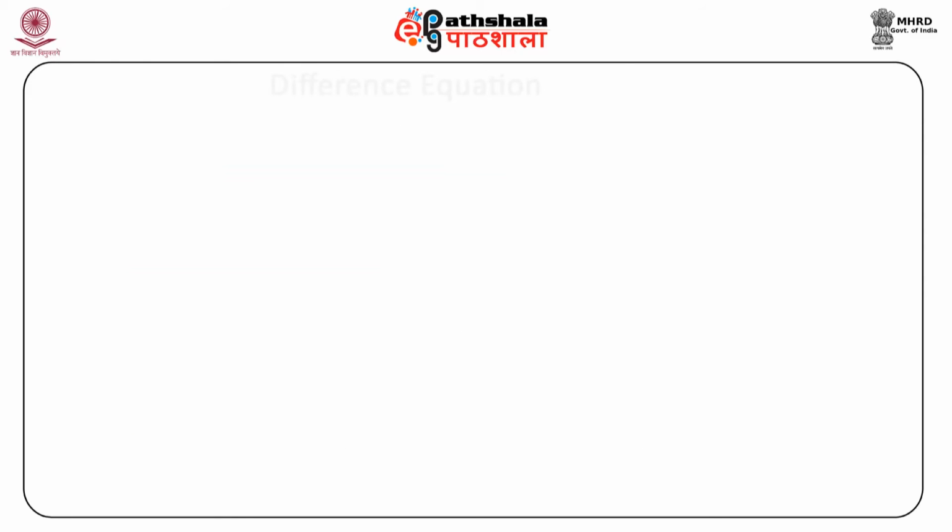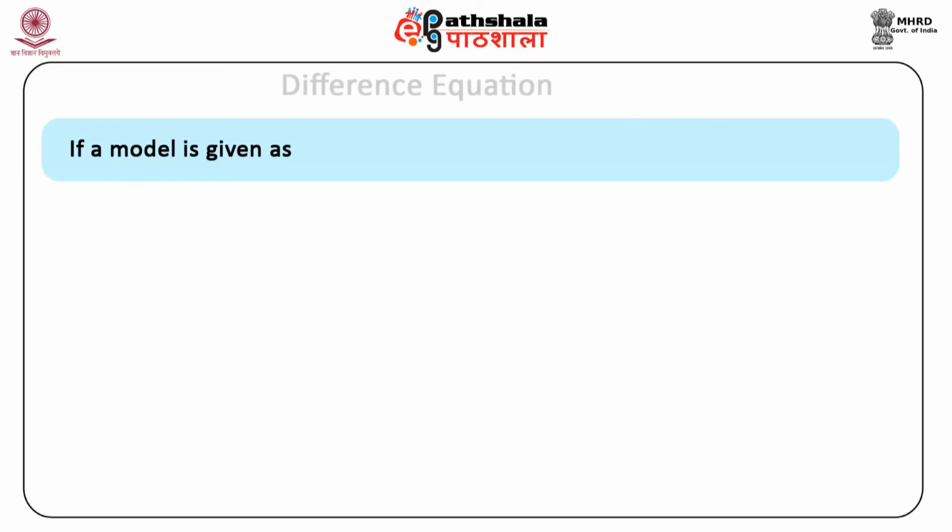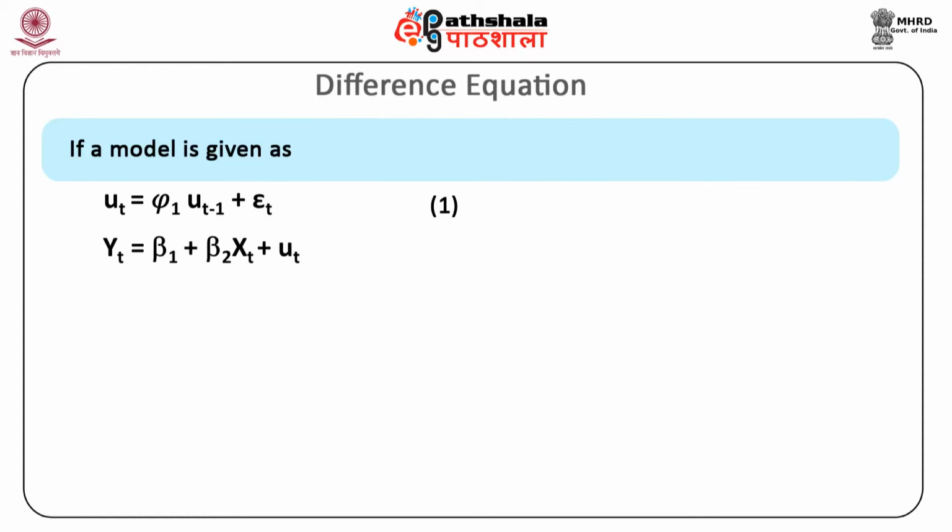Third is difference equation. If a model is given as u_t = θ1 u_{t-1} + ε_t, which is our equation 1, then our model is y_t = β1 + β2 x_t + u_t, equation 2.